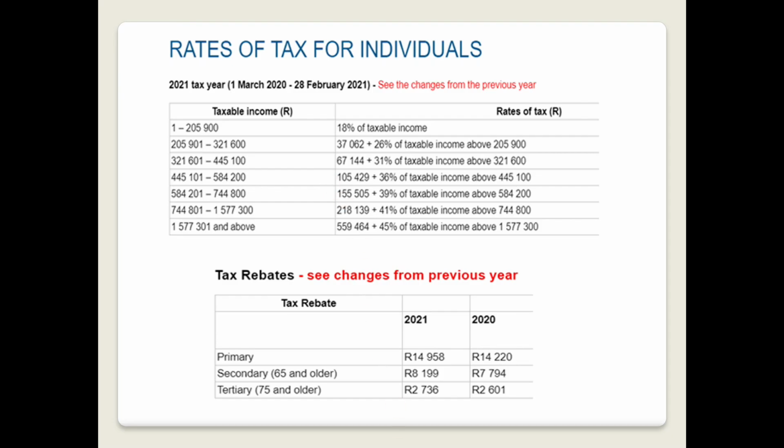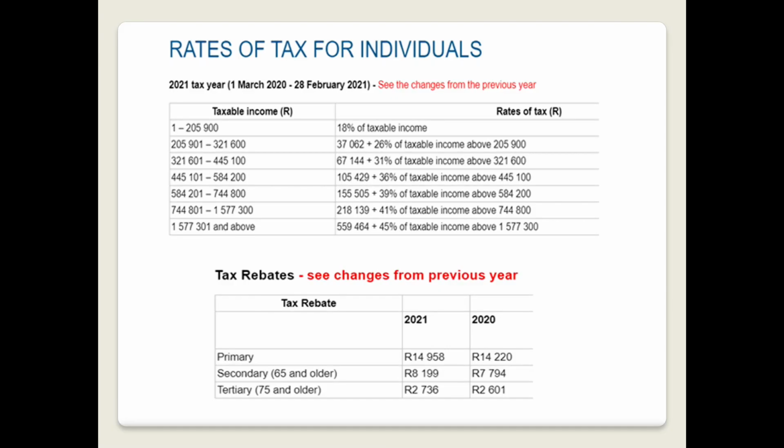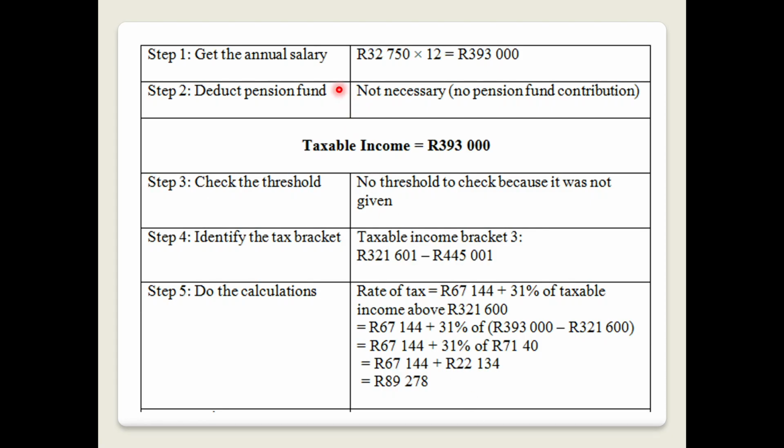And in the question that was given, it said he earns a monthly gross salary of 32,750 Rand. So step number 1, get the annual salary. So we take the 32,750 Rand and we multiply it by 12. So 393,000 Rand will be his salary for the year.